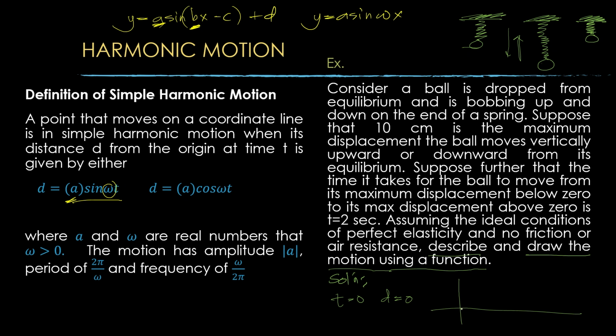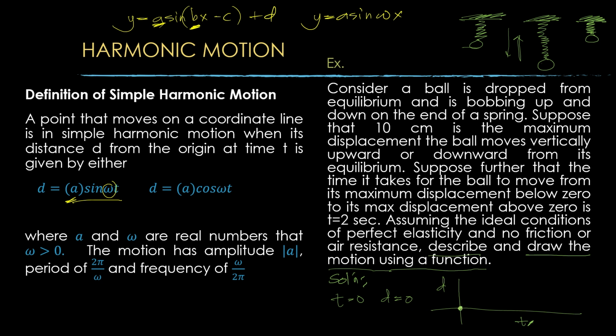Before we go to the initial condition, for these particular problems, we graph with the x-axis being the time and the y-axis being the displacement. At t is 0, at the initial condition, the displacement is 0.